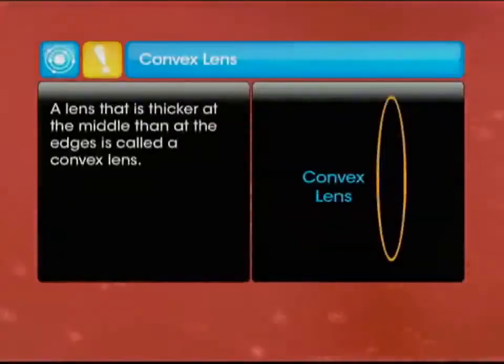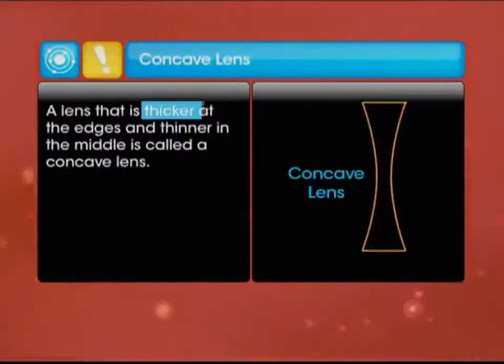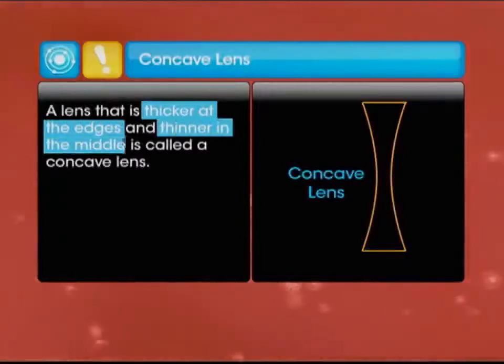A lens that is thicker at the middle than at the edges is called a convex lens, while a lens that is thicker at the edges and thinner in the middle is called a concave lens. Remember this well, because this is the basis of all that we will study from lenses here on.